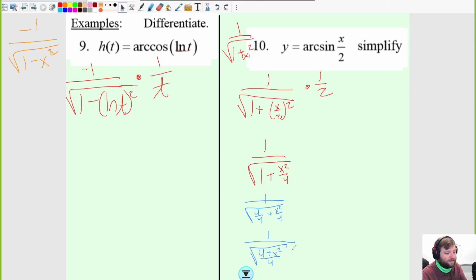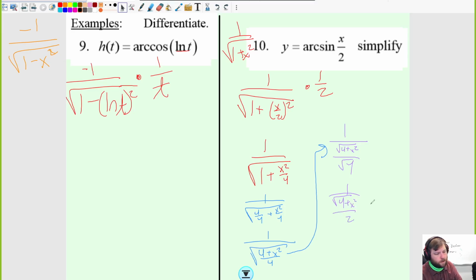And then you can write that as 1 over square root of 4 plus x squared, over square root of 4, which is 2. The 2 can go to the top: 2 over square root of 4 plus x squared, times the 1/2 above.